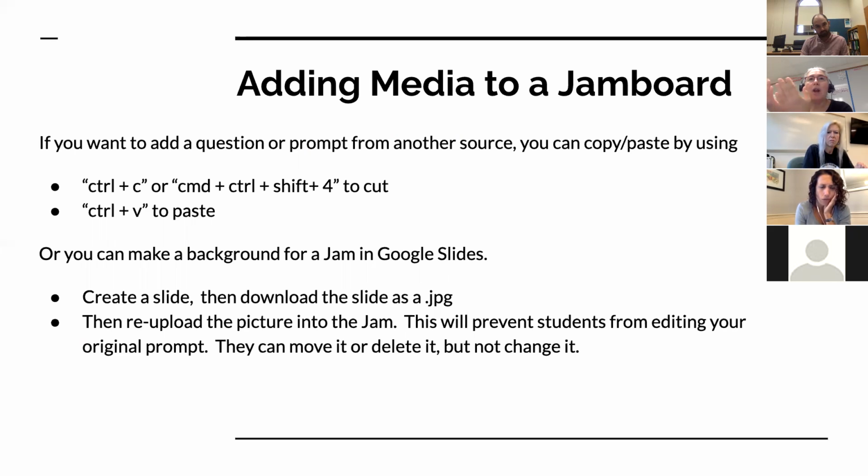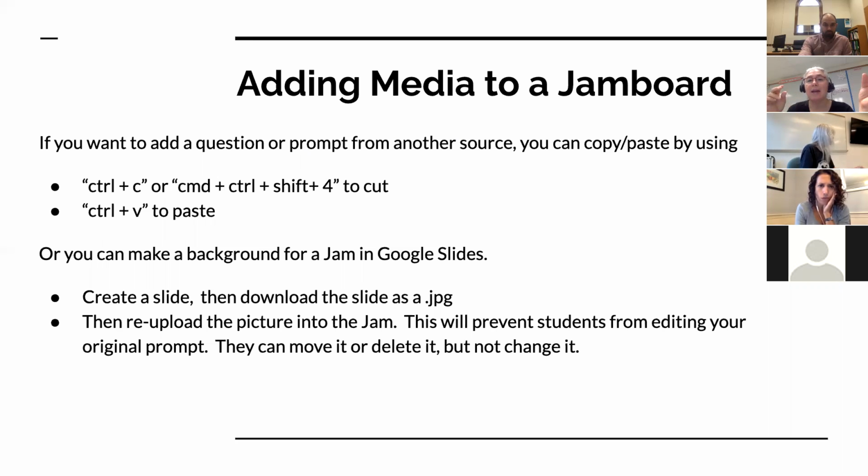And so you want to make sure that it's represented in a single picture, and maybe it's the entire size of the Jam. A Google Jam is the same size as a Google Slide.